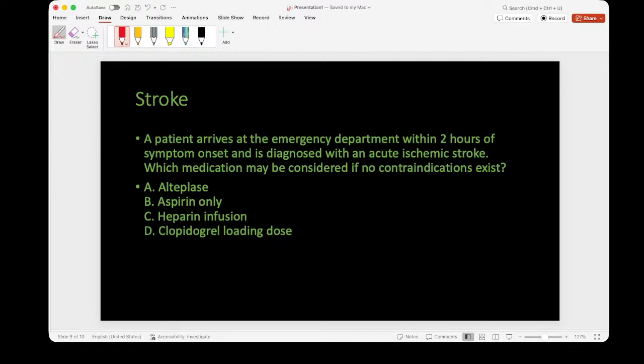And aspirin is only used as a secondary treatment for a patient experiencing stroke, or as an adjunct. In this situation, your best answer would be alteplase. If you had to guess, that would be your best answer too.